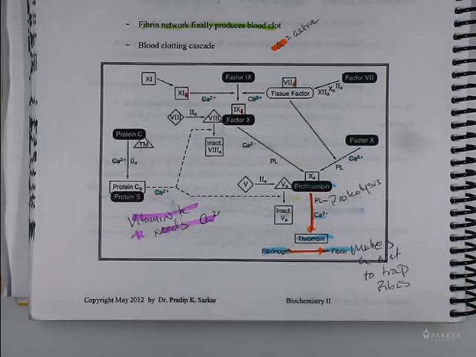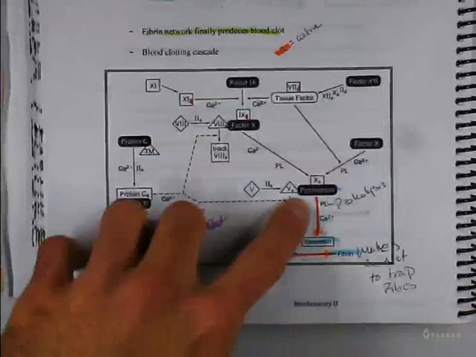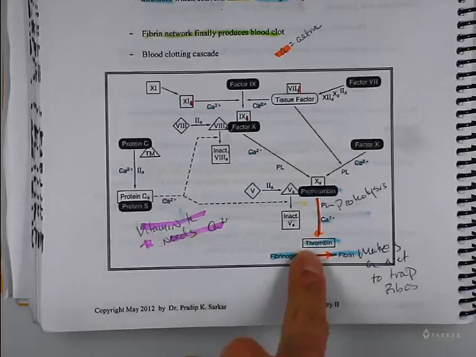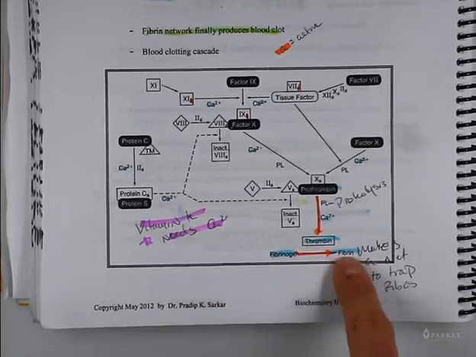So, after you get this whole clotting cascade where vitamin K activates gamma carboxylase, which increases calcium binding potential of 2, 7, 9, and 10, which allows them to activate, the end result of this huge cascade of steps is that prothrombin turns into thrombin, and thrombin converts fibrinogen to fibrin.